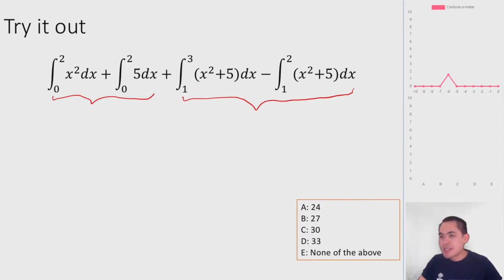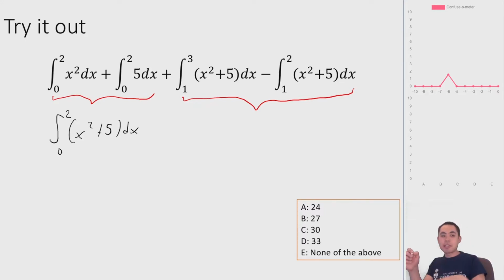Let's see. This is a slightly more involved problem, so let me give you a couple of the intermediate steps. The first thing you might do is combine the integral from 0 to 2 of x squared plus 5 dx. And over here you might combine these two, and you'll note this is slightly more complicated because you're subtracting bounds. You know that 1 to 3 is the same as 1 to 2 plus 2 to 3.